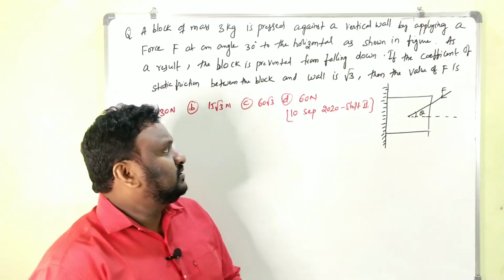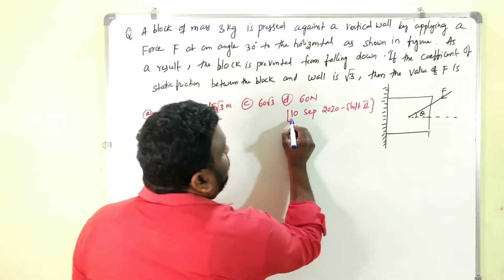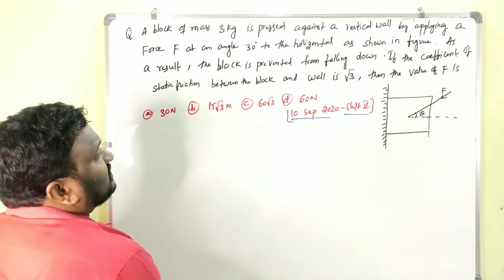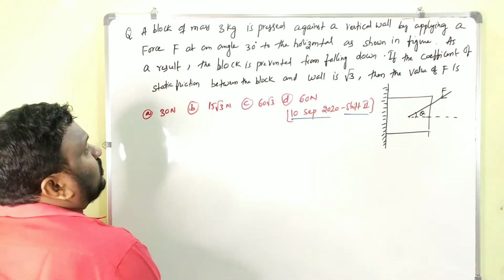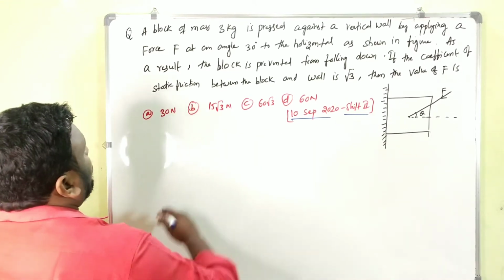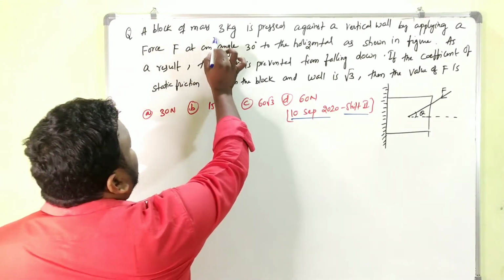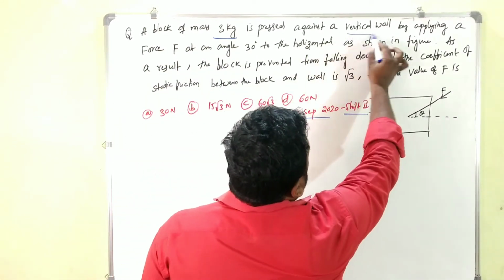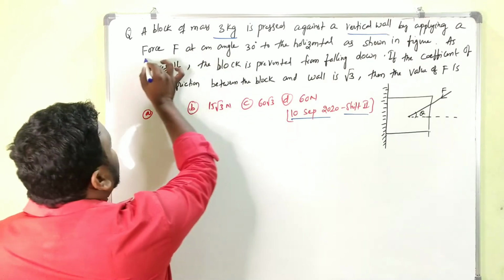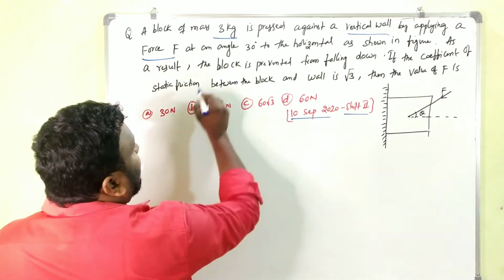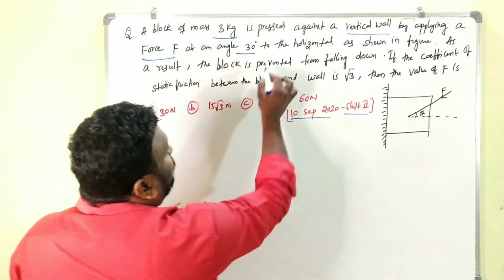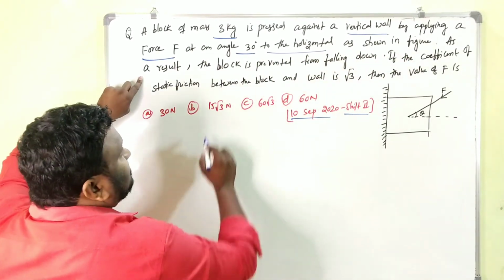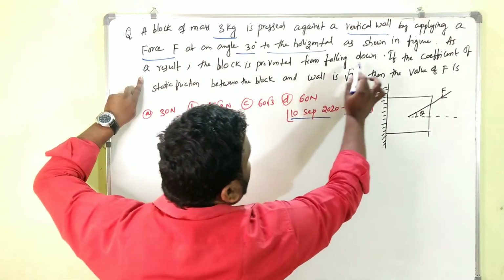Next question. This question was given in the 10th September 2020 shift 2. Look carefully, very important and concept oriented. A block of mass m, 3 kg, is pressed against a vertical wall by applying a force F at an angle 30 degrees to the horizontal as shown in the figure. As a result, the block is prevented from falling down.